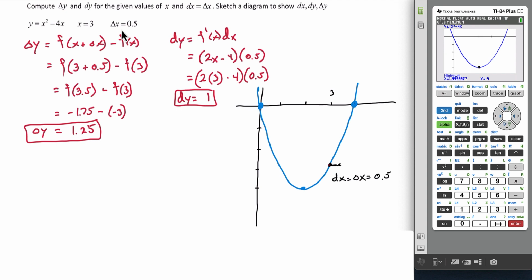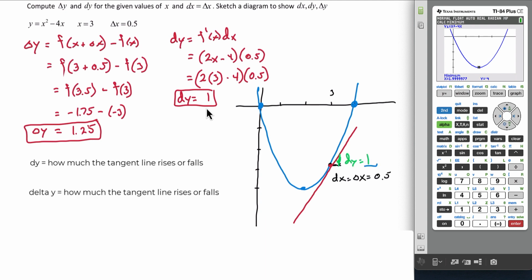The tangent line at that point we can approximate. It looks something like this. Note that we found dy to be 1. dy is this distance. It's how much the curve rises or falls.